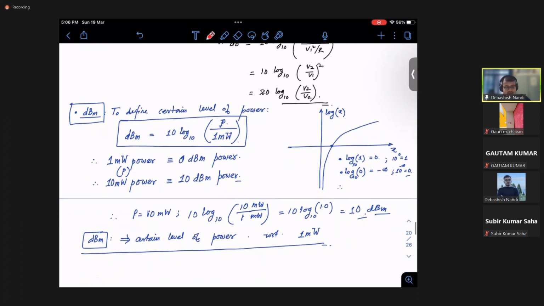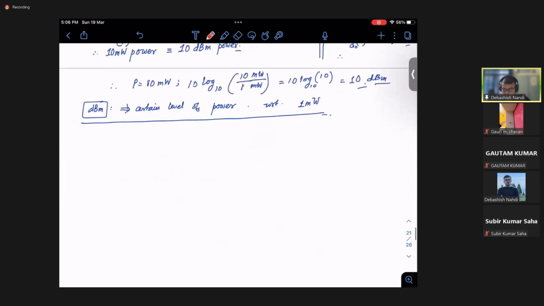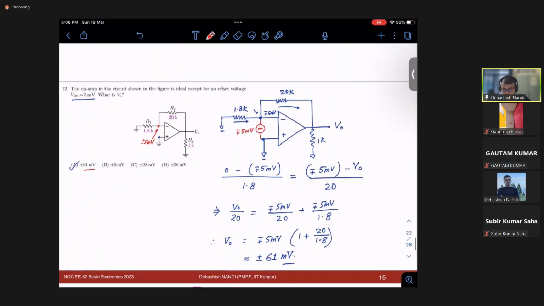Then in problem number 12, we discussed the deviation from the idealness of op-amps. One is the offset voltage, and how does this offset voltage come about? It comes from the mismatch in the transistors of the two branches of the differential pair, right?